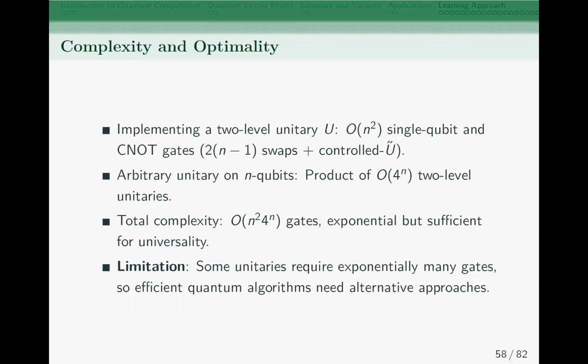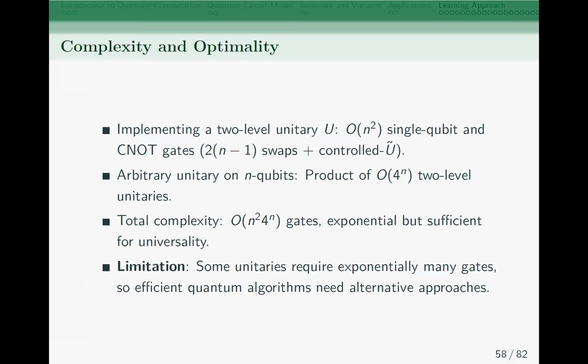To implement a two-level unitary you require a single-qubit gate and C-NOT, 2n minus 1, fine. You don't need to understand. By the way, this is not the optimal way to decompose. This is just some textbook method, and over the years people have tried to find the best way to decompose.